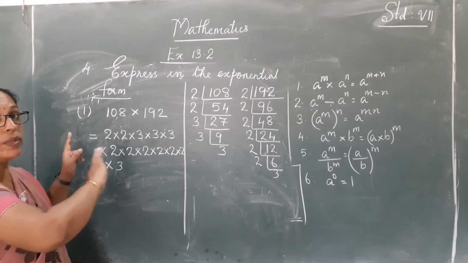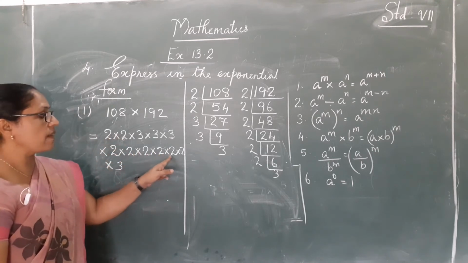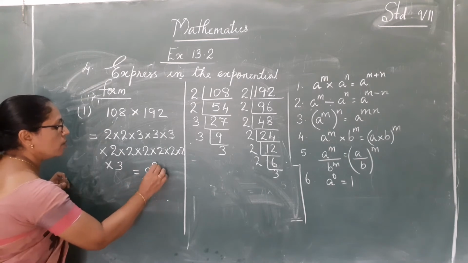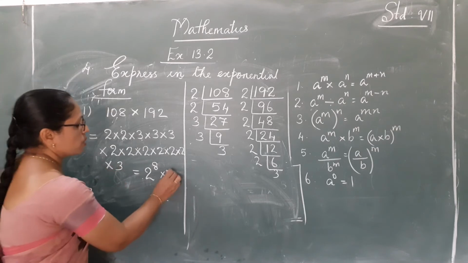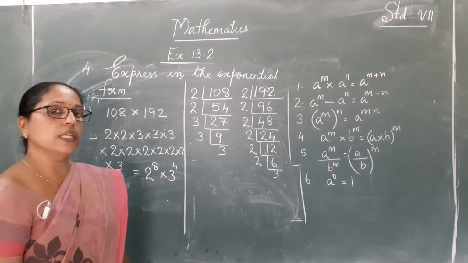Now count how many 2s and how many 3s. 1, 2, 3, 4, 5, 6, 7, 8. Eight 2s, so we can write 2 raised to 8 into how many 3s? 1, 2, 3, 4. So 3 raised to 4.